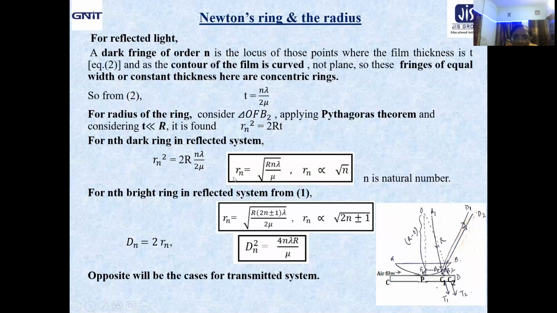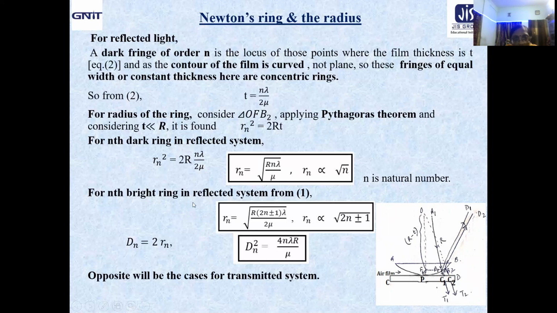That means the radius of the nth dark ring is square root of Rnλ by μ. So Rn is proportional to square root of n, where n is a natural number. So the radius of the nth dark ring in the reflected system is proportional to the square root of a natural number.